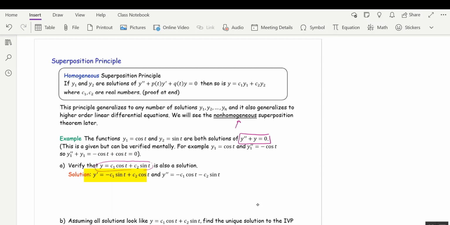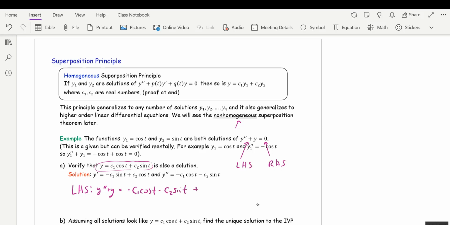So I computed y prime and y double prime, and now I'm going to look at this differential equation. It's got a left-hand side and a right-hand side. I'm not going to assume what I'm trying to show. I'm going to compute the left-hand side and the right-hand side separately. The left-hand side is y double prime plus y. So that's negative c1 cos t minus c2 sine t.